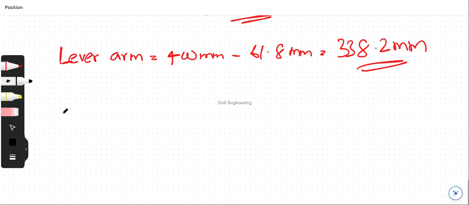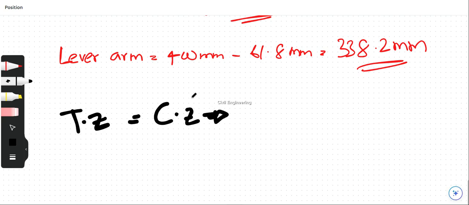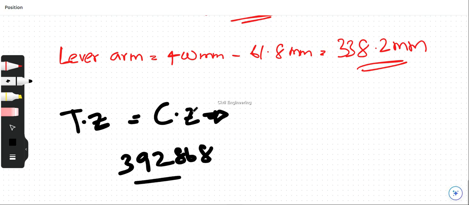We can take it by tensile force into Z. Z means lever arm, or the compression force into Z. I take 392,868. This is the value which we can find in the previous steps, into Z means 338.2.